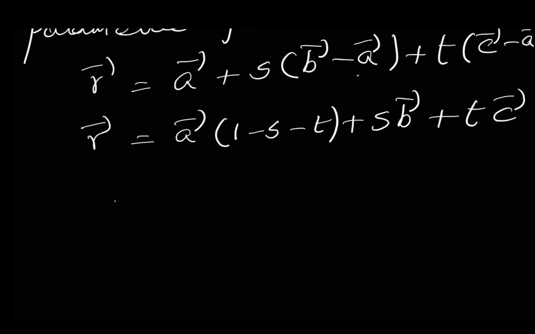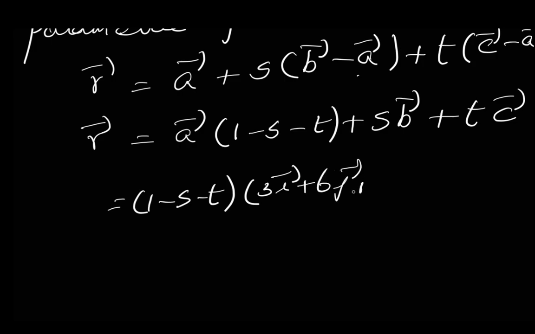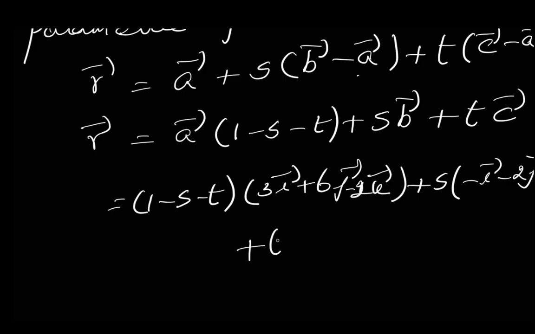Now we can substitute: (1 minus s minus t) into 3i plus 6j minus 2k, plus s into minus i minus 2j plus 6k, plus t into 6i plus 4j minus 2k.